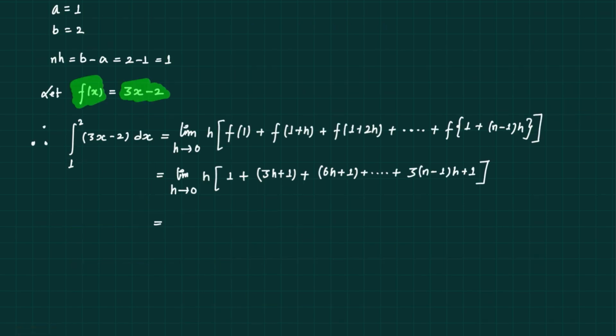So it equals limit h tends to 0 of h times, now here if you see, let us write this 1 plus 1 plus 1 plus 1.